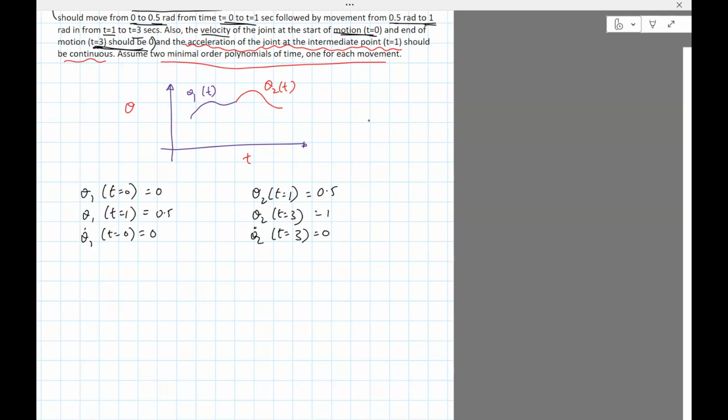Okay, and then the last condition, acceleration of the joint at the intermediate point should be continuous, which means that theta 1 double dot at t equals 1 should be equal to theta 2 double dot at t equals 1. So that is the acceleration condition.